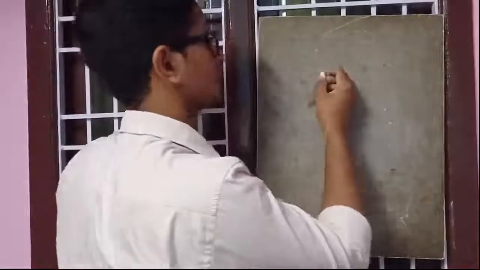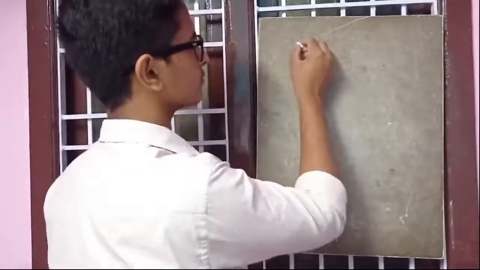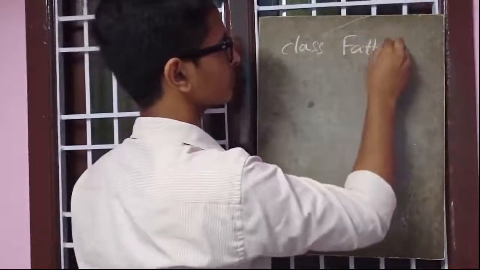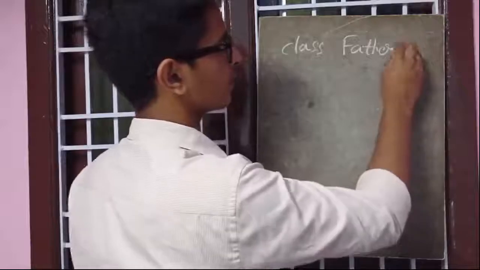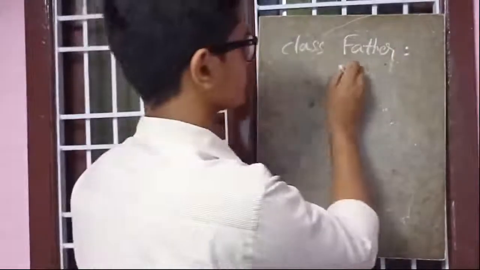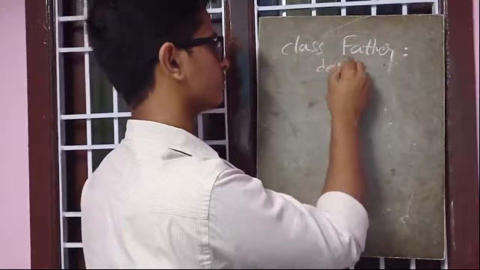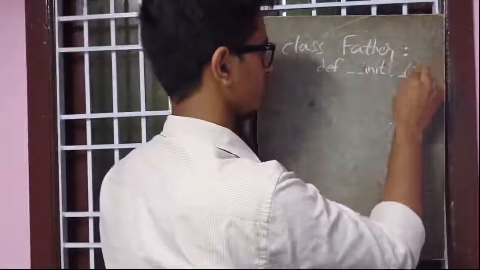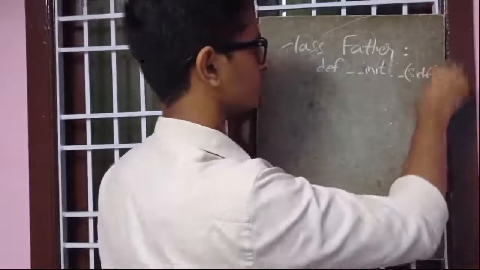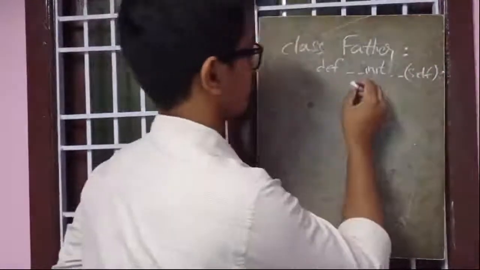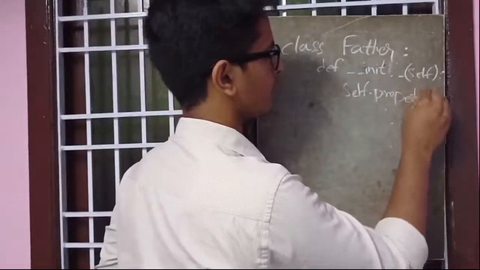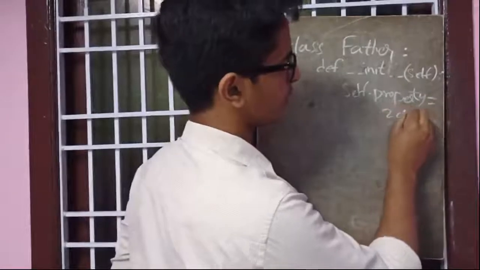And let us take a simple example of inheritance. Let us take the parent class as father. Class father has some methods like def init, self dot property equal to, let us assign some amount like 20,000.